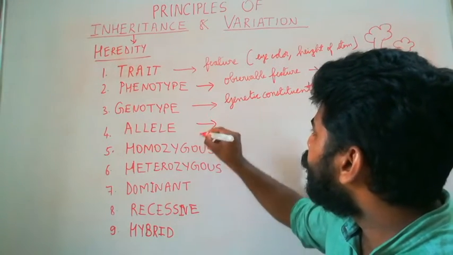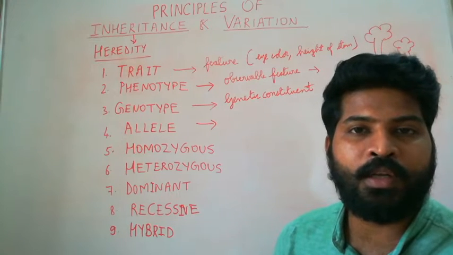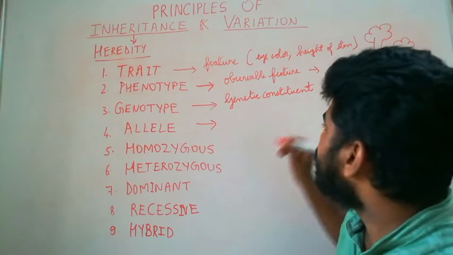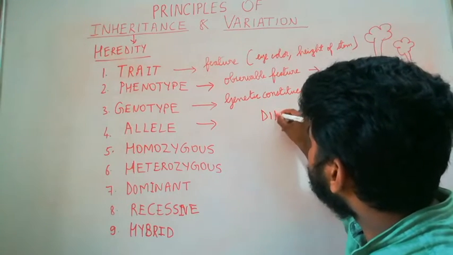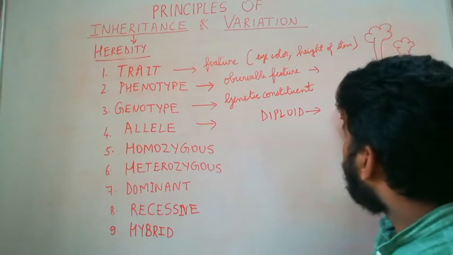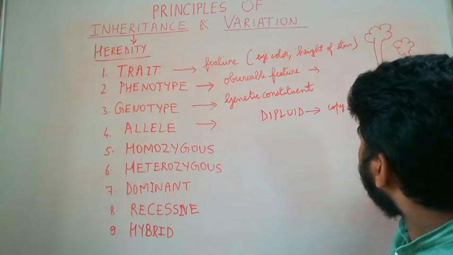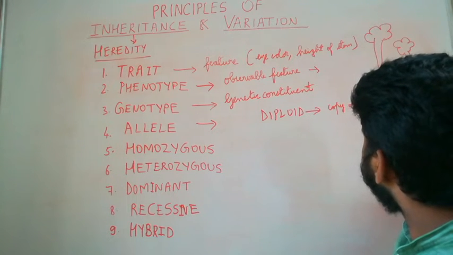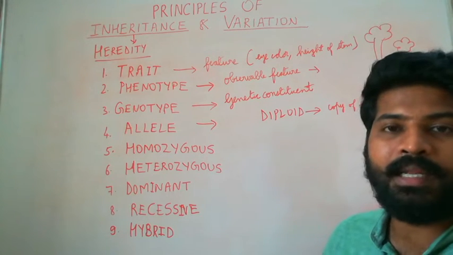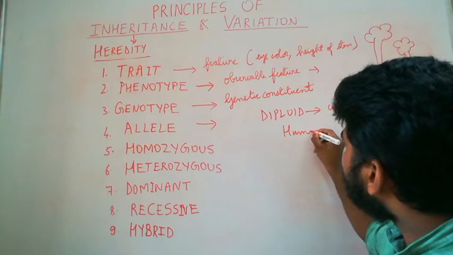Now we know that sexually reproducing organisms are diploid, meaning there is a copy of every chromosome. So chromosomes are present in pairs. Take for example human beings.